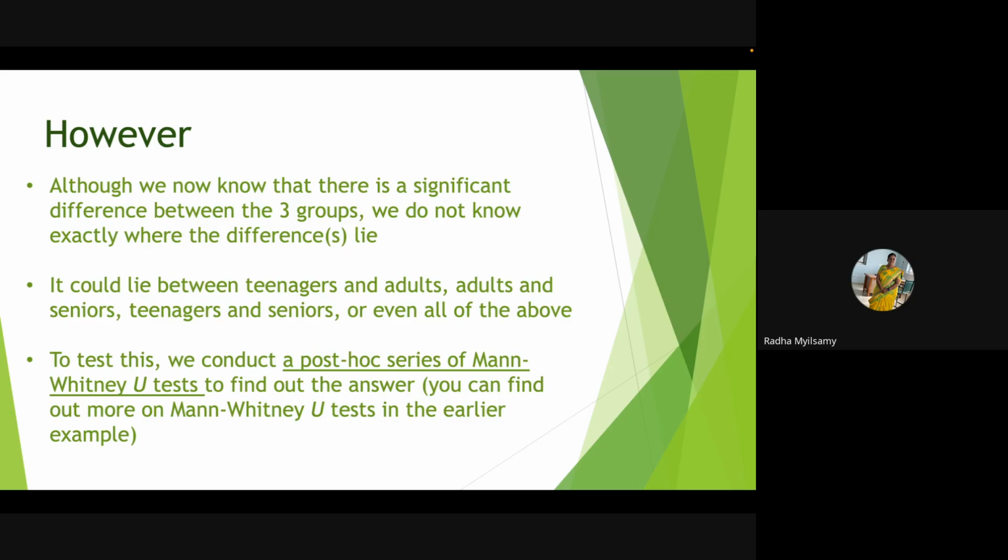To test this, we go with a post hoc series of Mann-Whitney U tests. The Mann-Whitney U test shows which group is giving better results than the other two groups.